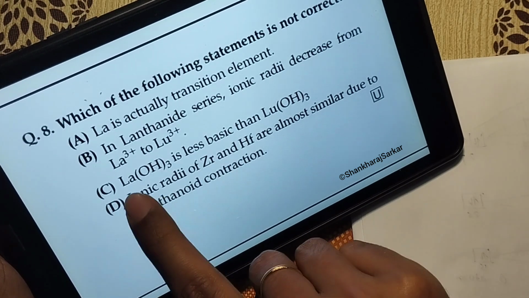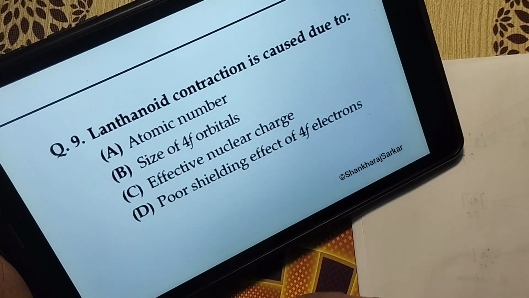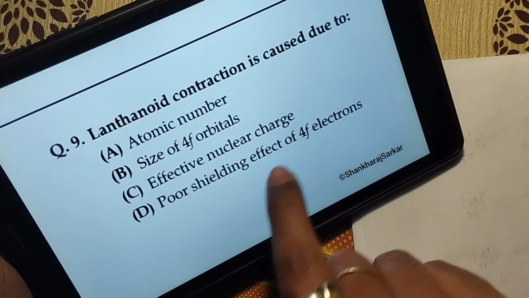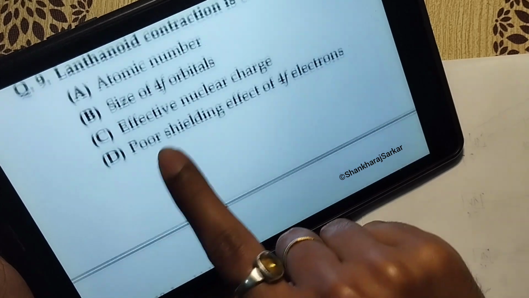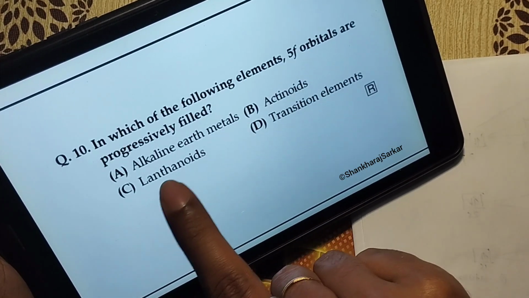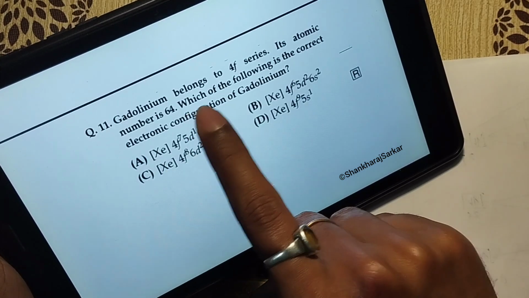So obviously this option C is wrong. Lanthanide contraction is caused because of option D, poor shielding of 4f electrons. In which of the following elements are 5f orbitals progressively filled? It is actinoids. Gadolinium belongs to the 4f series.